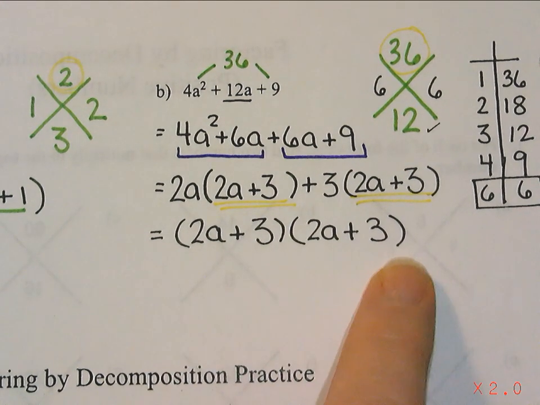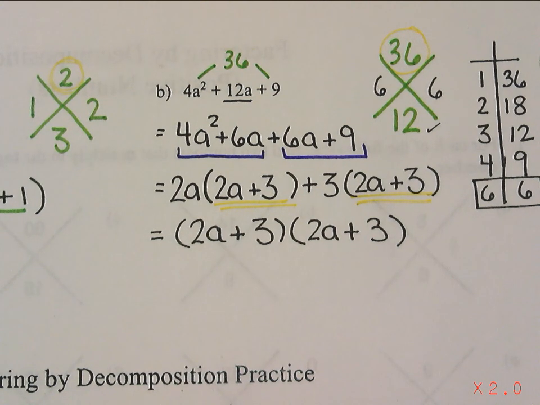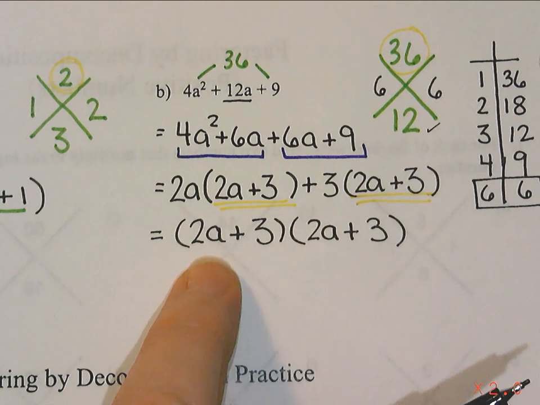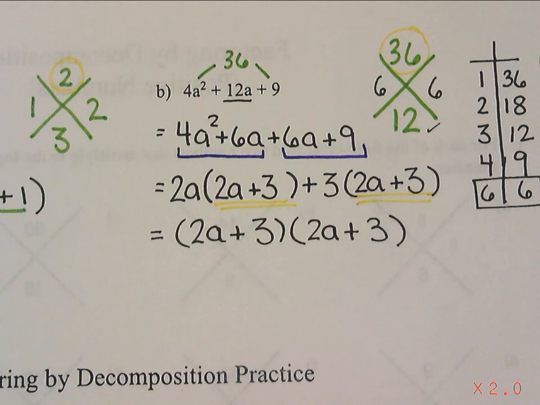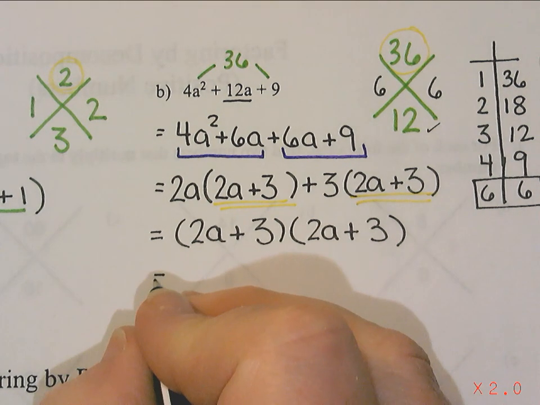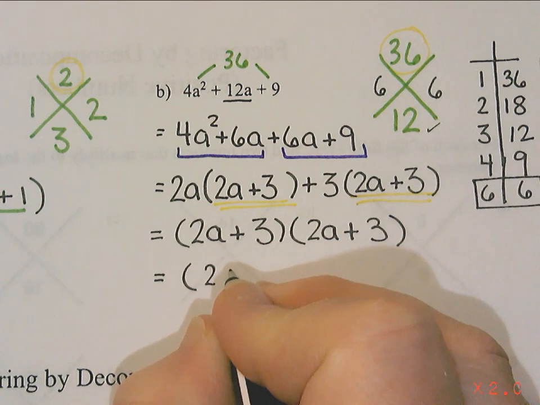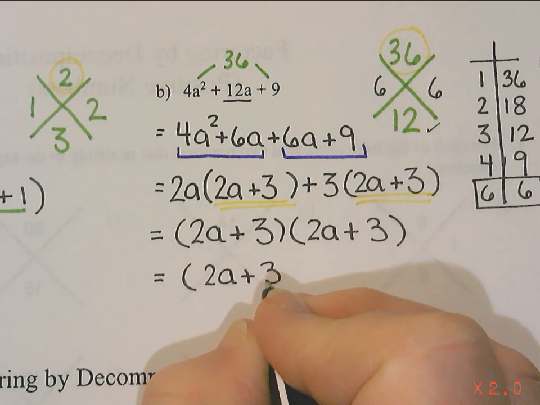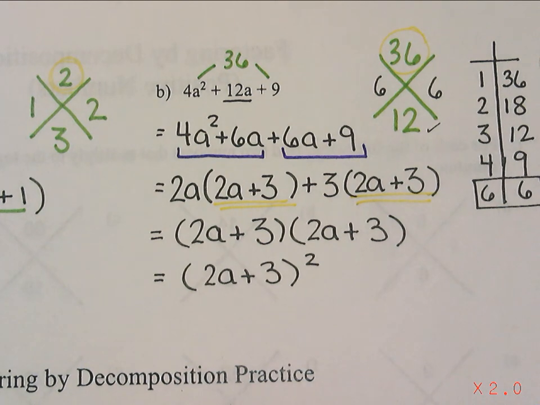Now, I can stop there, and that is perfectly fine, but I do notice that they are the same bracket. And because they're the same bracket, I could go one step further and say that this is 2a plus 3 squared, because I am multiplying it by itself. I'm just writing that same bracket twice, so I can shorten it down to writing it as a square.